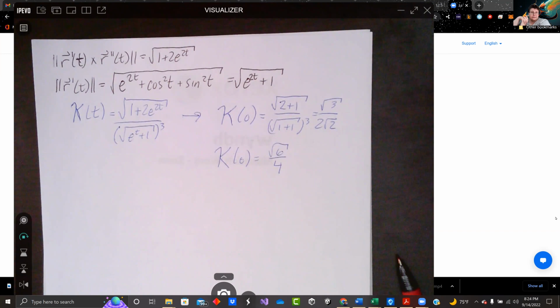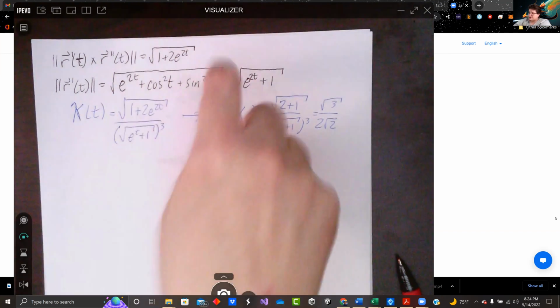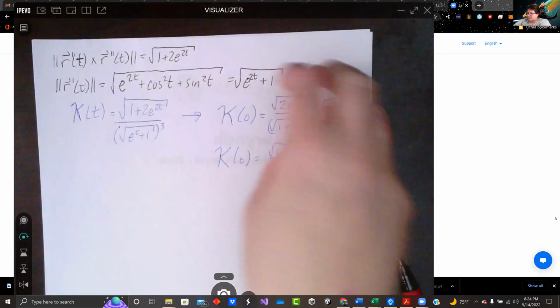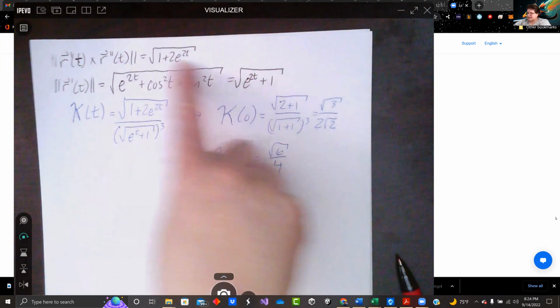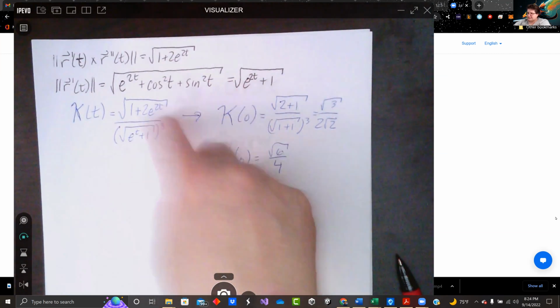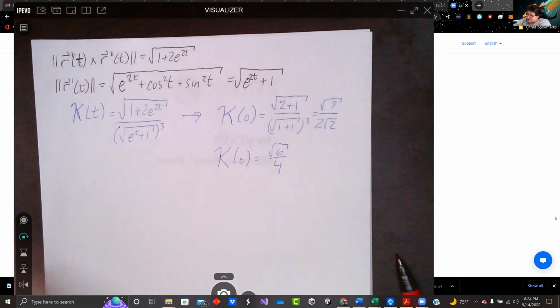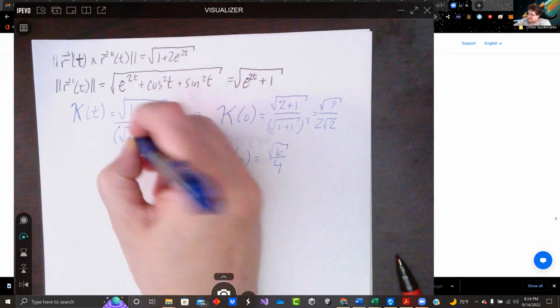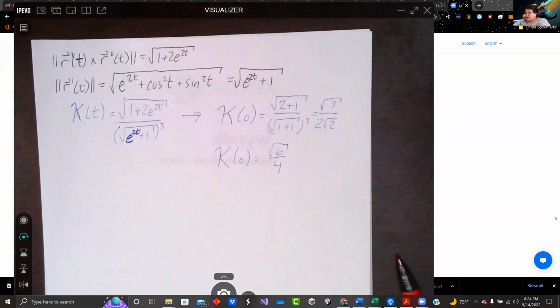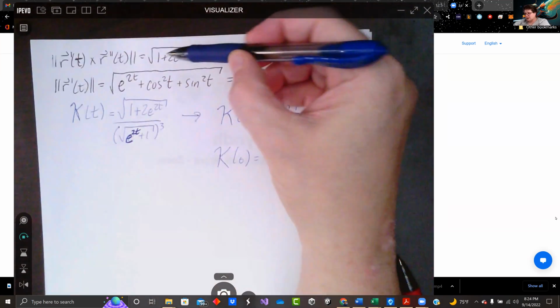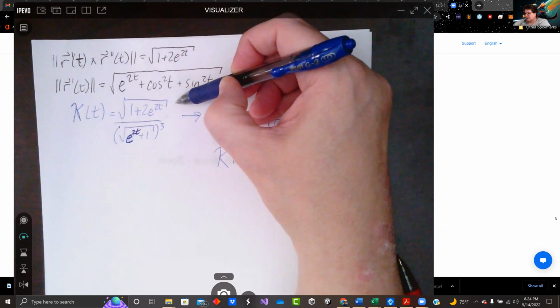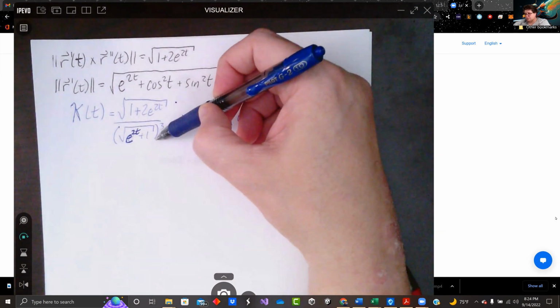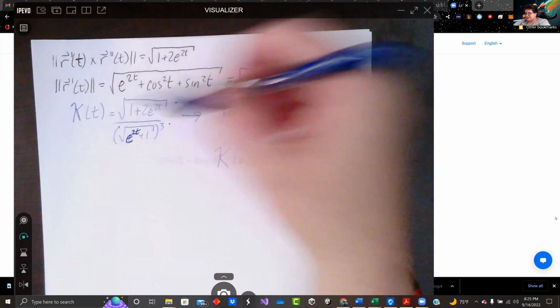If we write it as this over this cubed, but this has a 2 in front as a coefficient and this doesn't, so we can't cancel anything out. So we have the magnitude of r prime cross r double prime on top, and then the magnitude of r prime on the bottom cubed. So that's kappa of t.